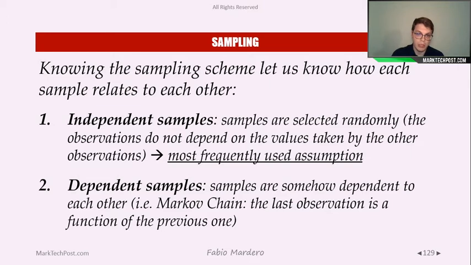For example, we can think about independent samples, if the samples are selected randomly and the observations do not depend on the values taken by the other observations.